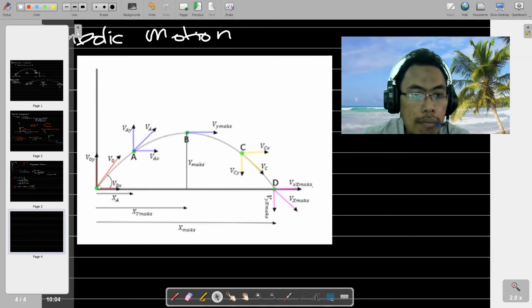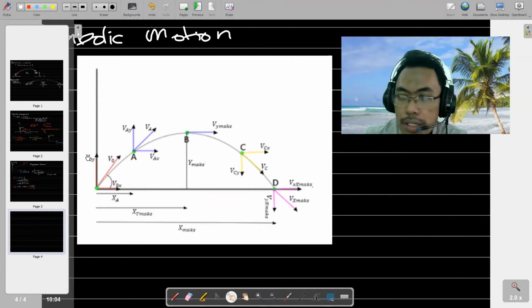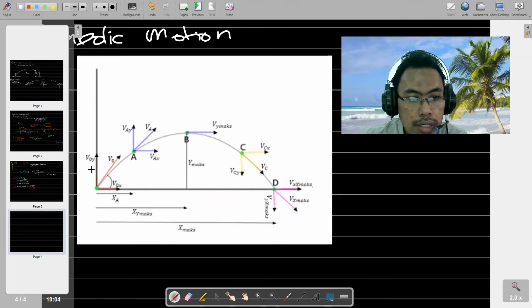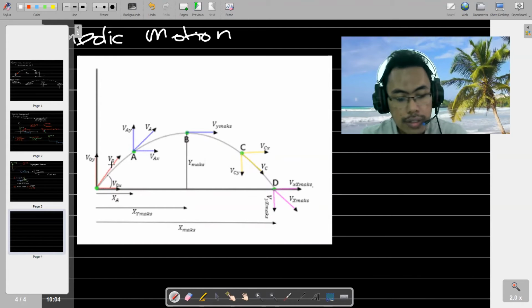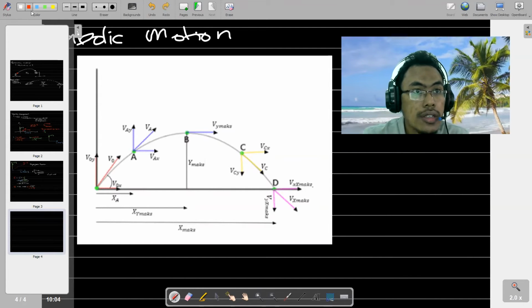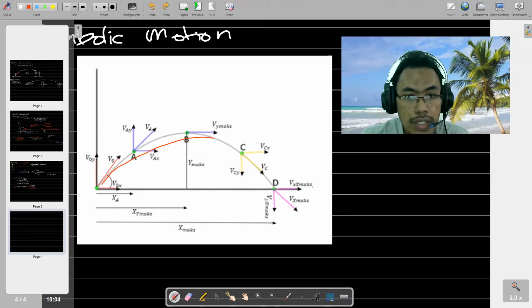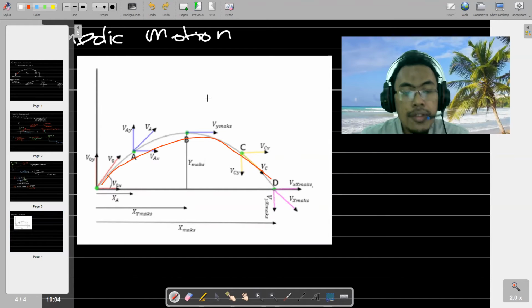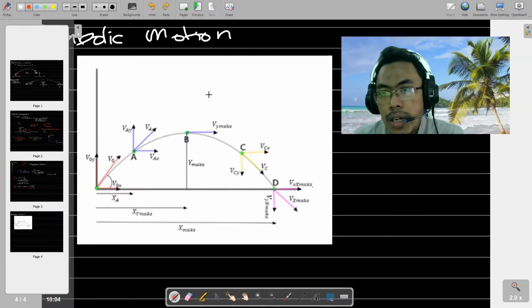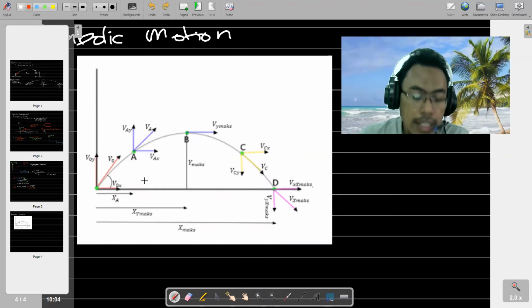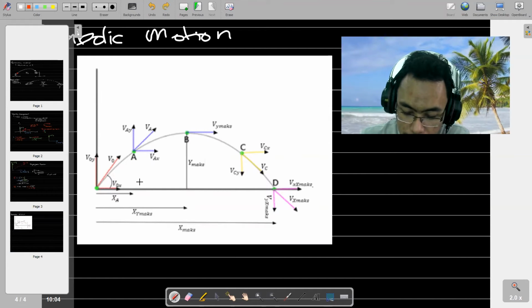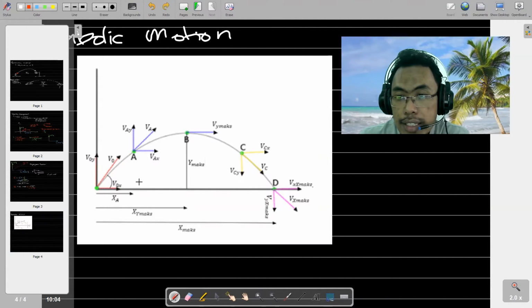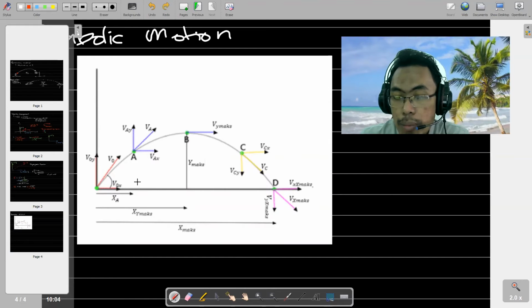As you can see on the screen, this is the parabolic motion. If we take a look at each point, we can divide the path of parabolic motion or projectile motion into very specific points.